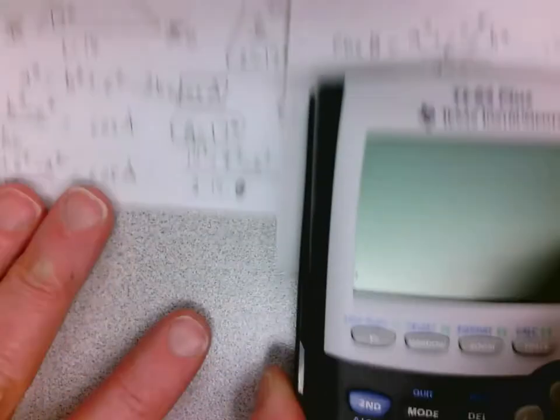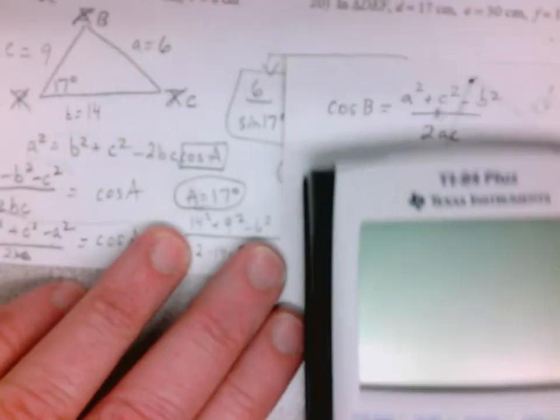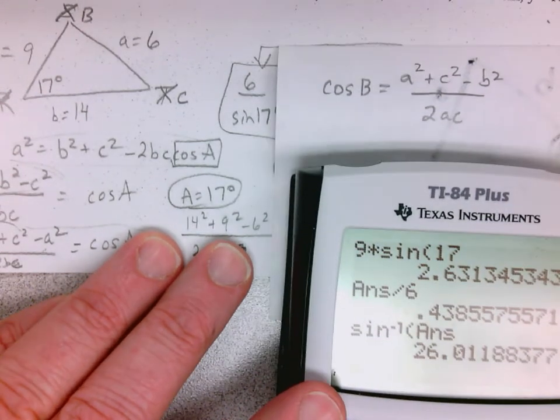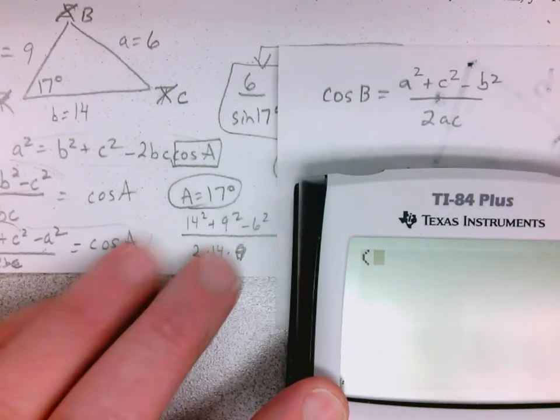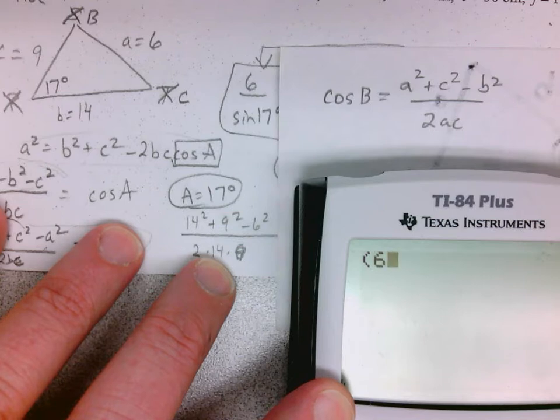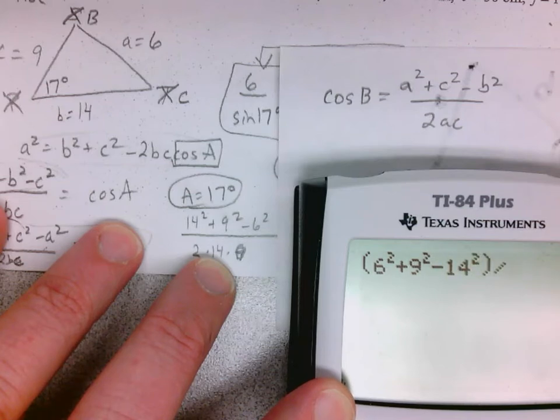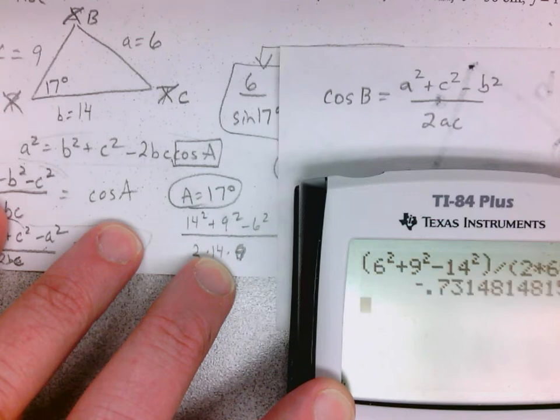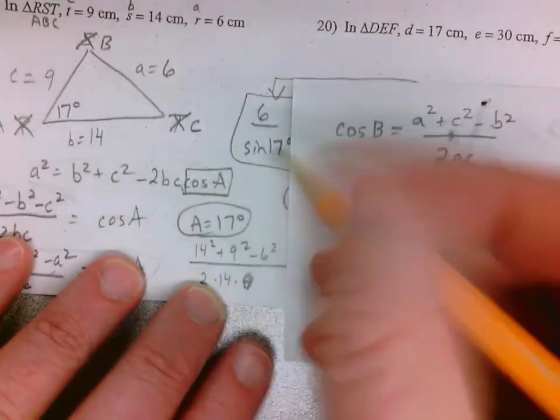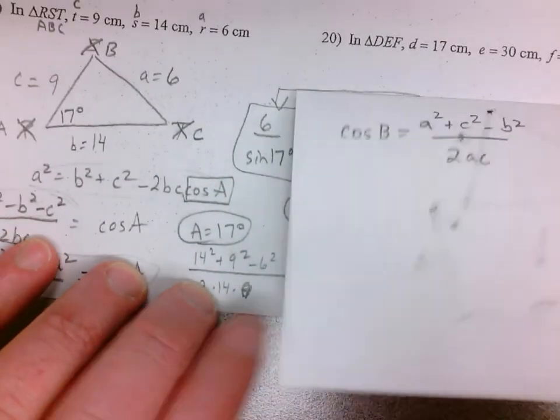So plug in your numbers: parentheses, 6 squared plus 9 squared minus 14 squared all over 2 times 6 times 9. 137. Okay, and that is our angle B.